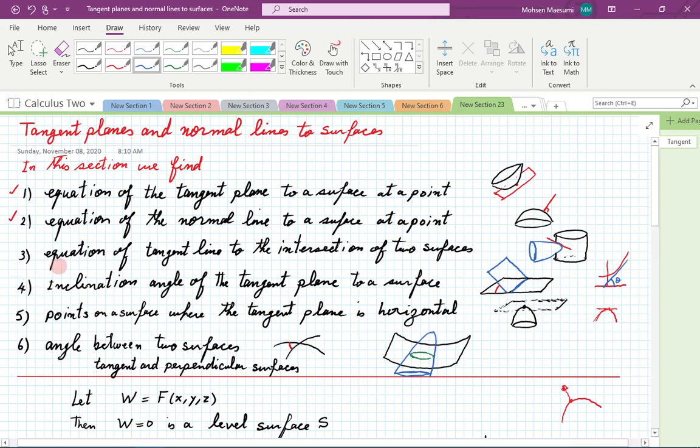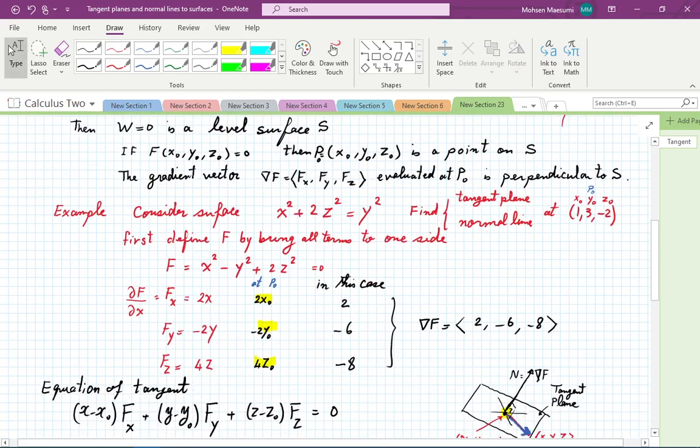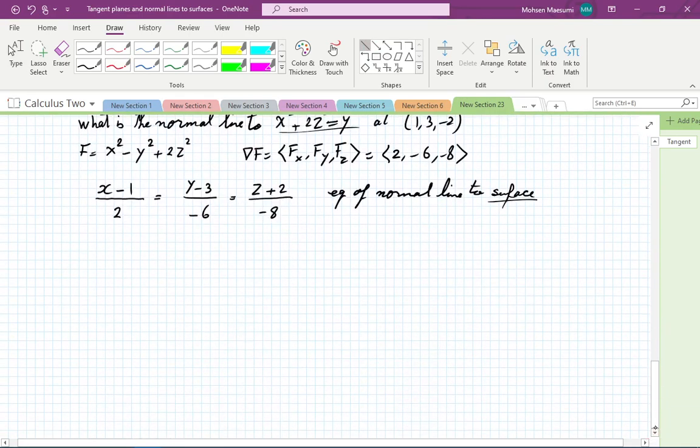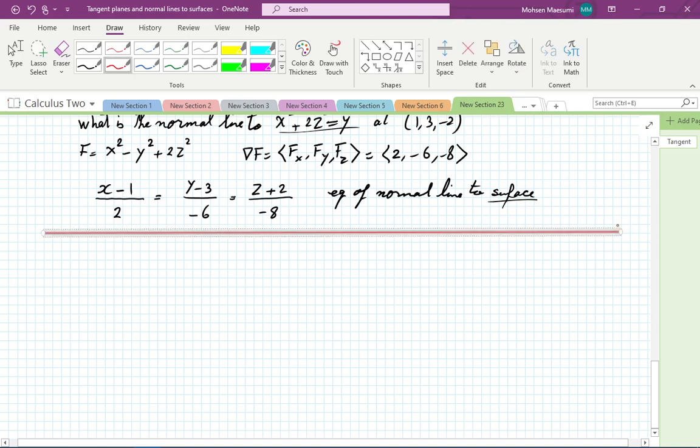So for question number 1, equation of tangent line to the curve that's at the intersection of two surfaces. You remember the main ingredient in all these problems is gradient. That's a generalization of the notion of slope.